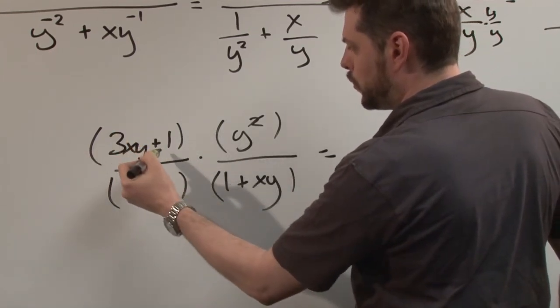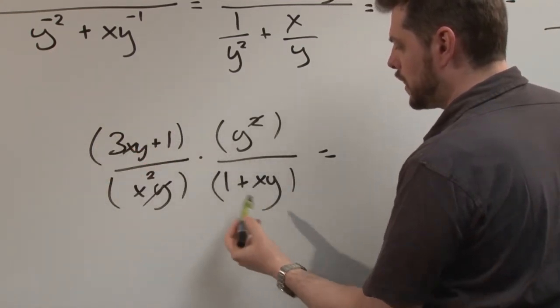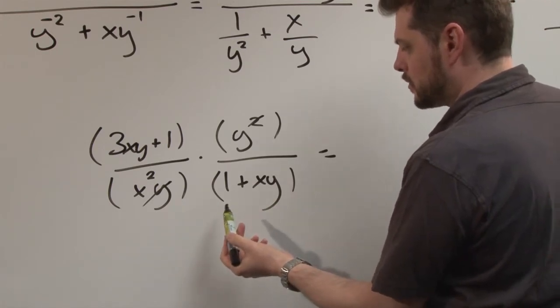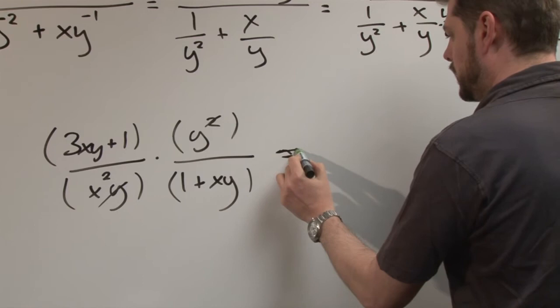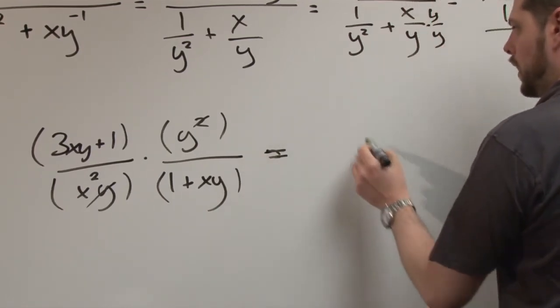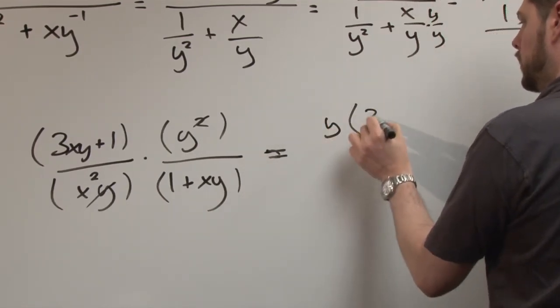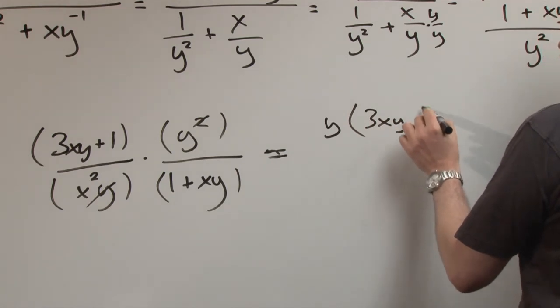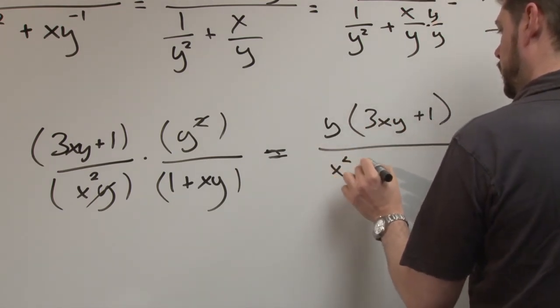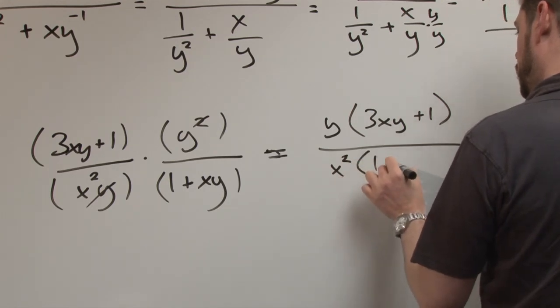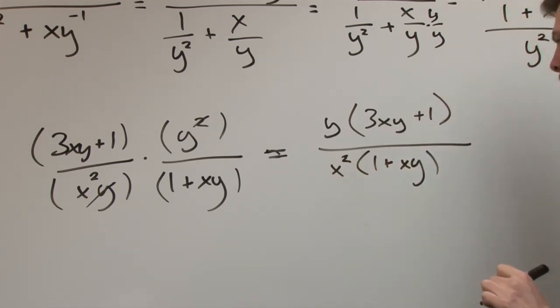I could switch the order of this and say it's 1 plus 3xy, but still I can't get it to cancel. So resisting the temptation to try to make it cancel, I am left with y times the quantity 3xy plus 1 over x squared times the quantity 1 plus xy. And that's as far as it goes.